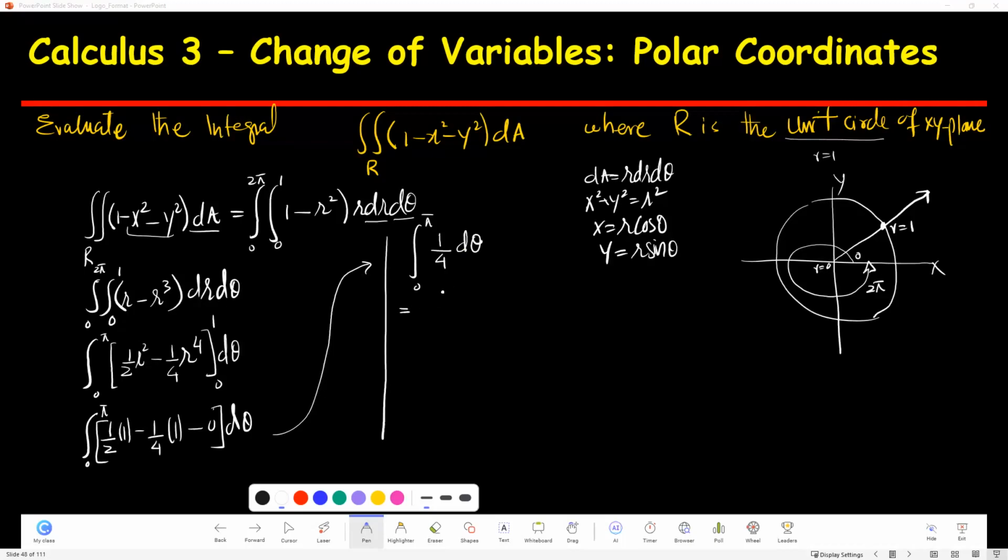And if I take the integral now, it's going to be 1 over 4 theta from 0 to 2 pi, my bad. So it's going to be 1 over 4 times 2 pi minus 0. And we can write here pi by 2. That is my answer.